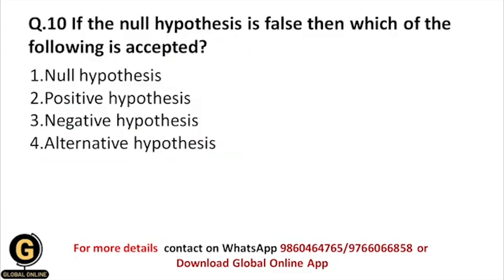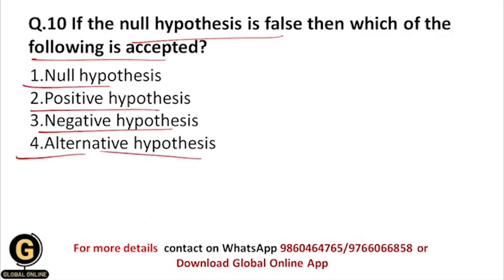Okay, next is, if the null hypothesis is false, then which of the following is accepted? This is the easiest question, students. Whenever we reject the null hypothesis because it is false, then what type of hypothesis are we going to accept? Whether it is null hypothesis, positive hypothesis, negative hypothesis, or alternative hypothesis.